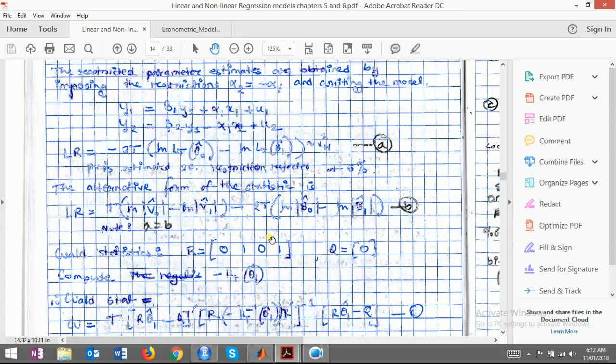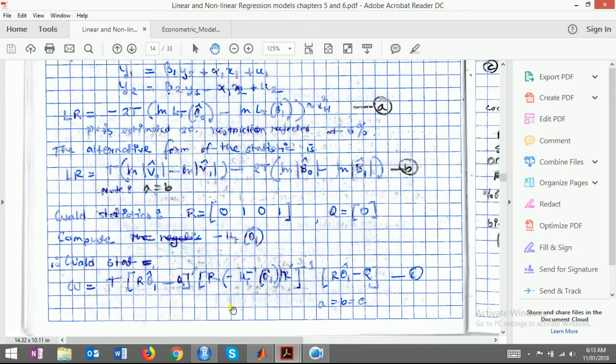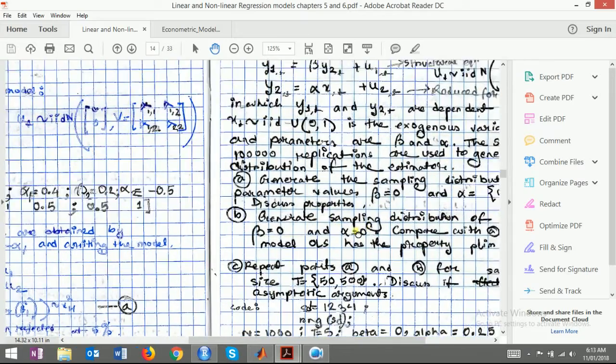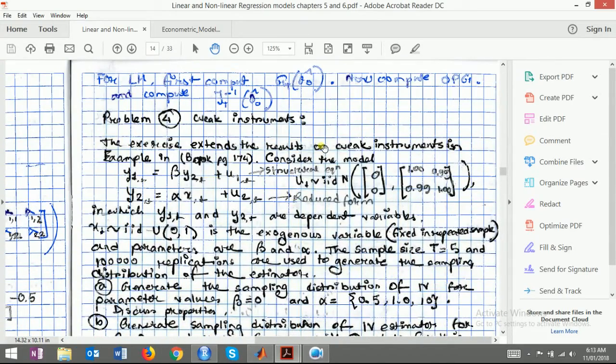Q is 0 because Q is generally 0 in most cases in the restrictions. So compute the negative Hessian. The Wald statistic is T times (a theta minus Q) transpose, with the Hessian. Well, we know the Wald statistic equation. This is the Wald statistic equation. For LM, first compute the gradient and then compute the OPG and the Jacobian.